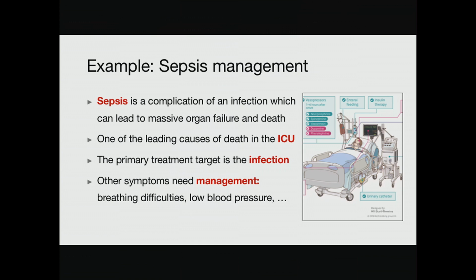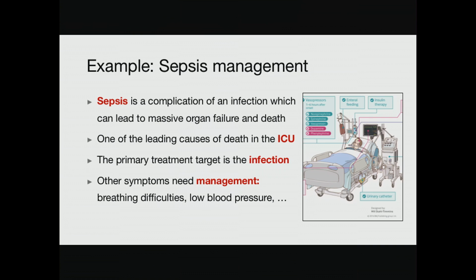Because the infection itself can lead to fever, breathing difficulties, low blood pressure, high heart rate, all these kinds of things that are symptoms, but not the cause themselves. But we still have to manage them somehow so that the patient survives and is comfortable. So when I say sepsis management, I'm talking about managing such quantities over a patient's stay in the hospital.